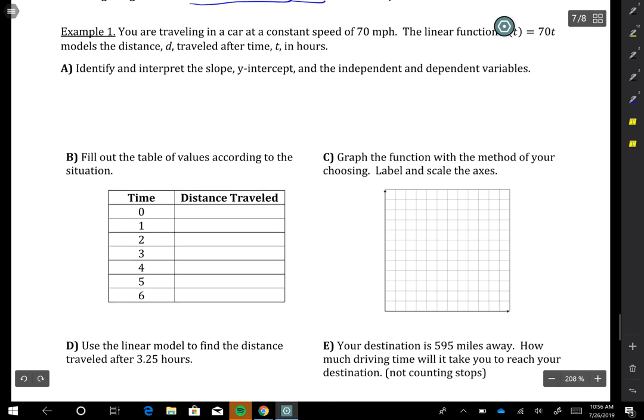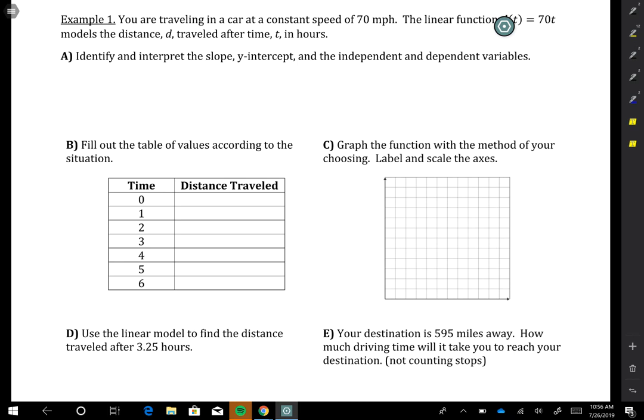All right, so example 1, you are traveling in a car at a constant speed of 70 miles per hour. The linear function d of t equals 70t models the distance d traveled after time t in hours. So what we have here, guys, is we are actually given the linear model. So the model means equation, okay?